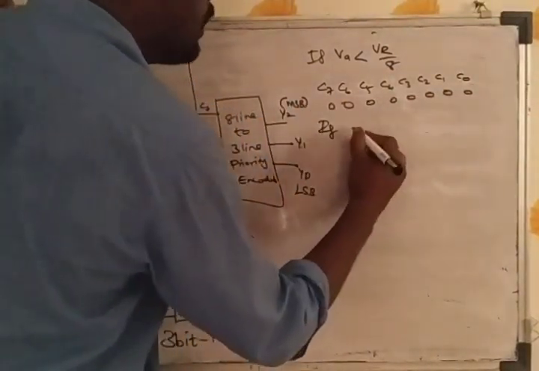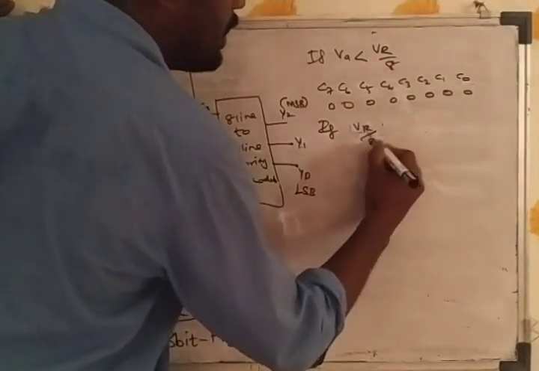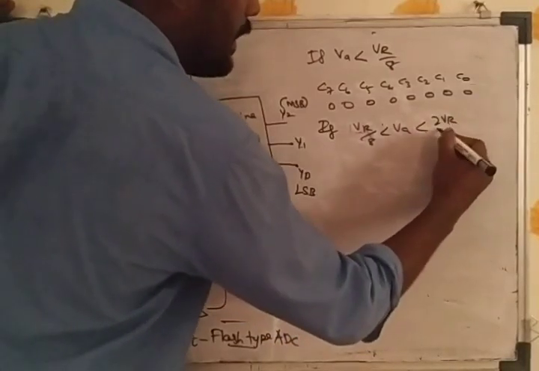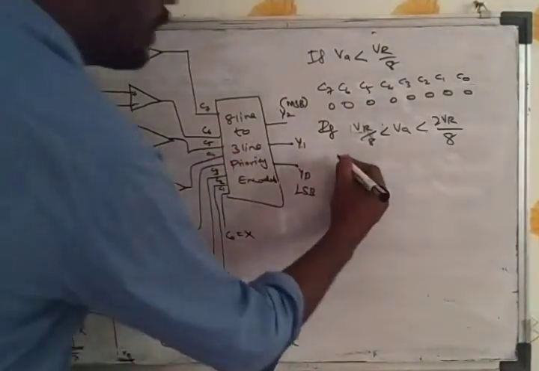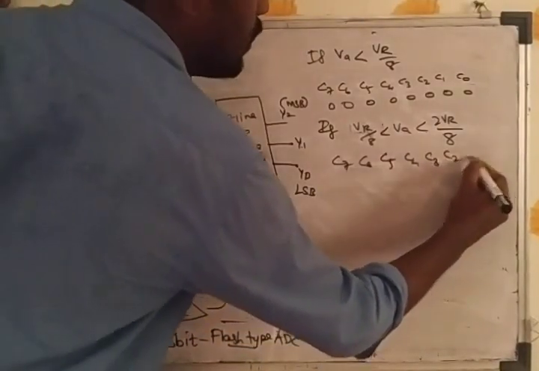If VR by 8 is less than VA and VA is less than 2 VR by 8, then C7, C6, C5, C4, C3, C2, C1.